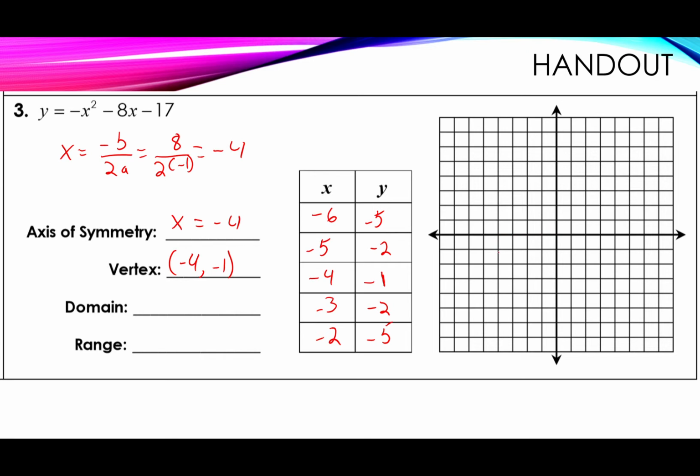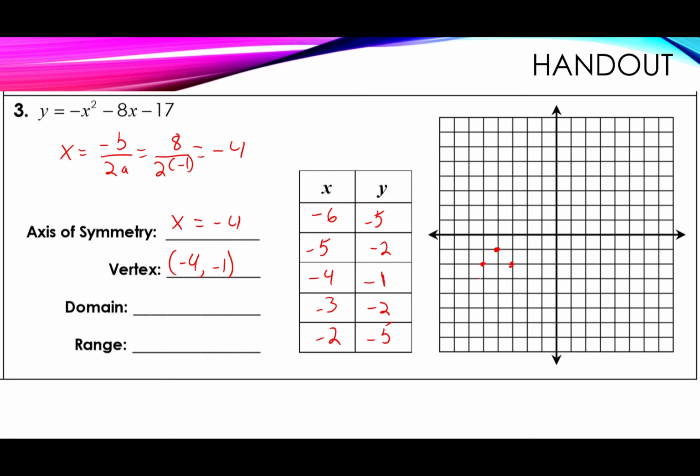-4 is right here, down 1. There's my first point. All right, then I'm going to be graphing to the left and right. And so this time it's going to be at -5, it's going to be -2. At -3, it's -2.